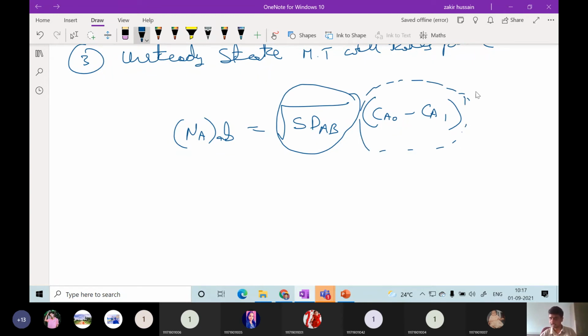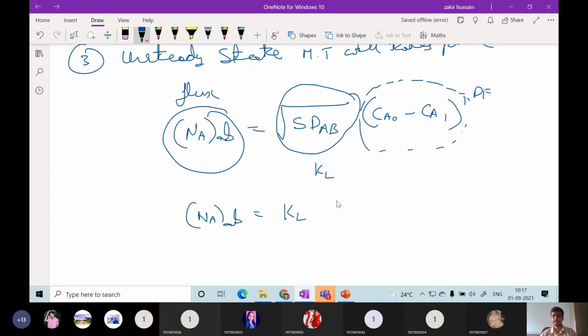So this is the driving force, and this is the flux. Apart from the driving force and flux, whatever is left is called the mass transfer coefficient, that is K_L, which is also an unsteady state function. Then N_A absorption is equal to K_L times (C_A0 minus C_A1), where K_L is the mass transfer coefficient, which is given as root of S D_AB.